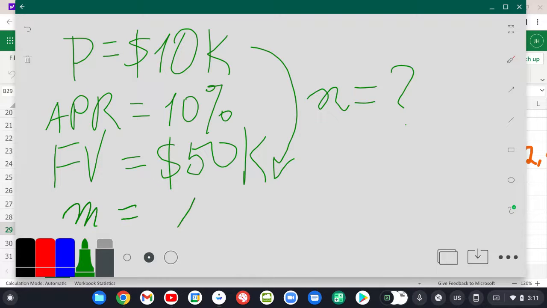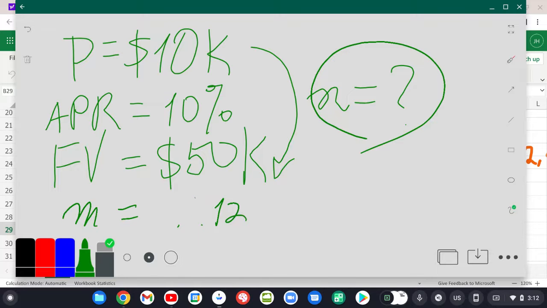Whatever this may be, n will be determined. If m is 12, n will come out as months, then we can convert it into years. It's not a difficult thing. It can be quarterly, and then whatever.